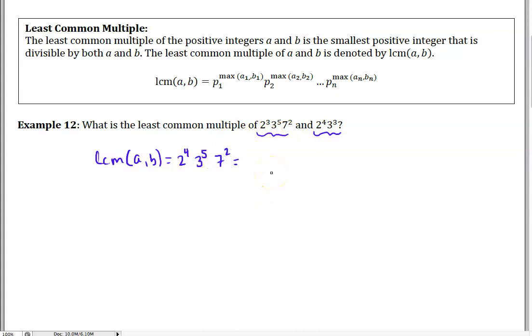So you can leave it like that, or you can expand it out. 2 to the 4, 3 to the 5, 7 to the 2 is 1,905,12. So that's the LCM, the smallest number that they both divide into.